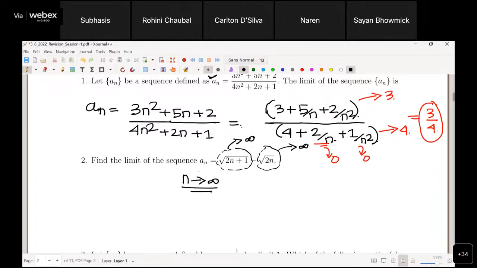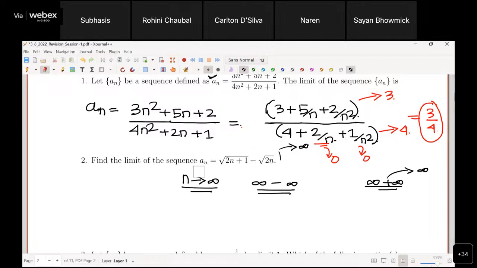So you are in an infinity minus infinity form, and when you have infinity minus infinity form, you can't conclude anything. That is the problem. When you have infinity plus infinity, then certainly you can say it is going towards infinity, but with infinity minus infinity you can't conclude anything. That is the problem with this sequence.